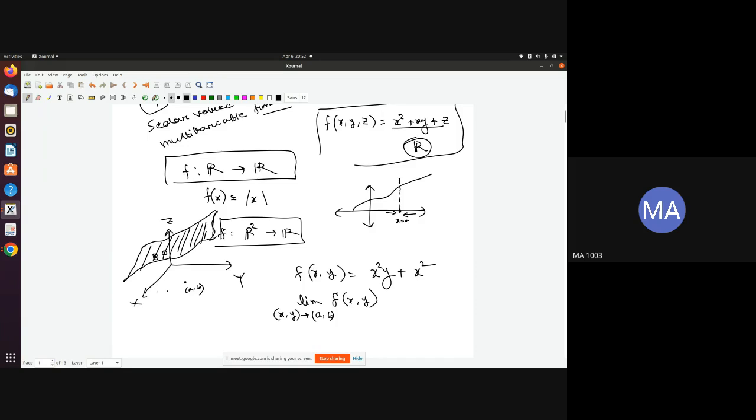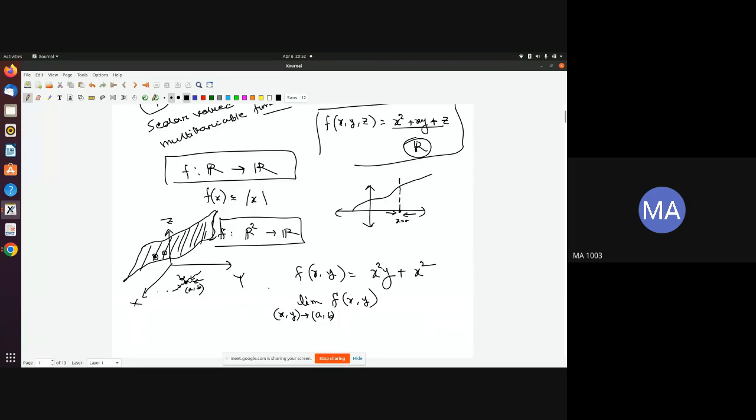Now, when I am approaching (a,b), there are infinitely many ways I can approach. These are called paths to (a,b). There are infinitely many paths like this, and a path can be a straight line, a parabola, anything, even some arbitrary path which we cannot give a name.